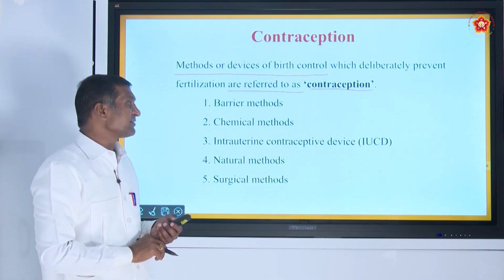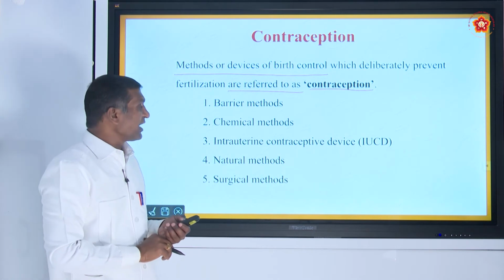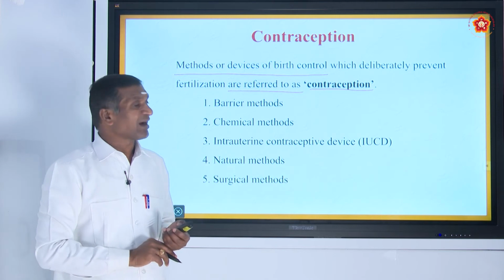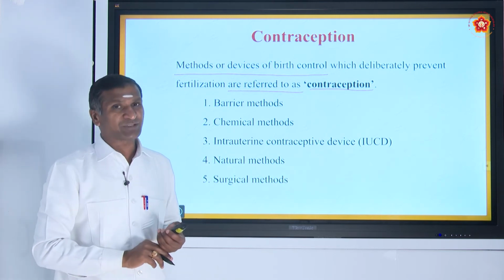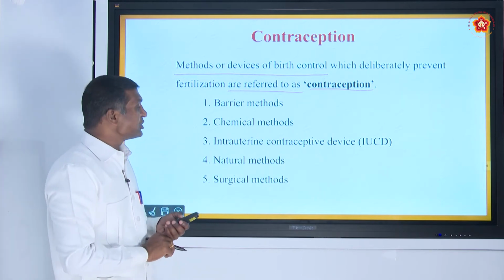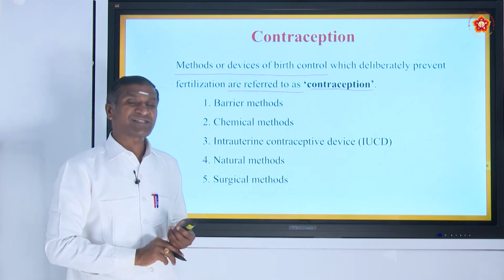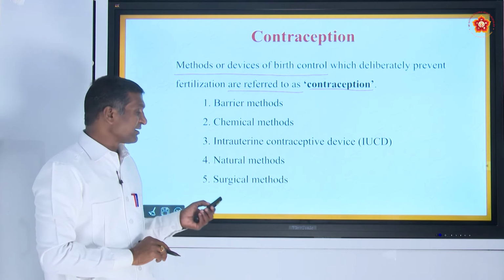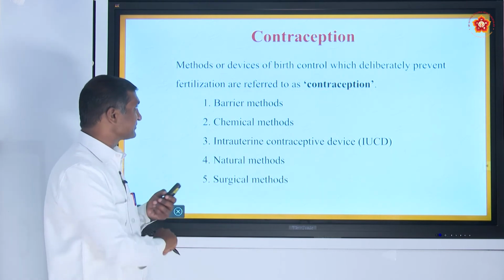Barrier methods, chemical methods, intrauterine contraceptive device, IUCD. Important question for abbreviation: expand IUCD. Intrauterine contraceptive device. Natural methods and surgical methods.